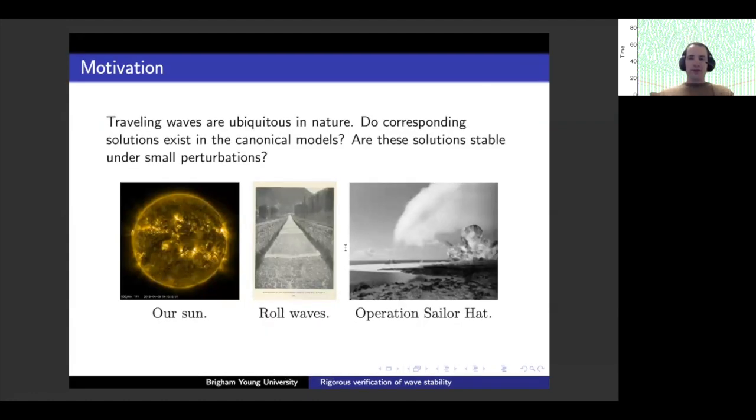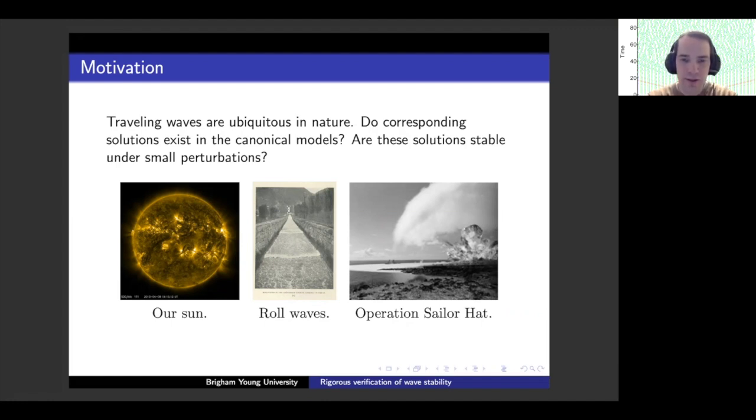So what is the motivation? You look in nature and you see traveling waves all over the place, right? And some of them may look chaotic. Some of them have patterns that are very distinct. And you see these patterns and you think about the PDEs we use to model them.